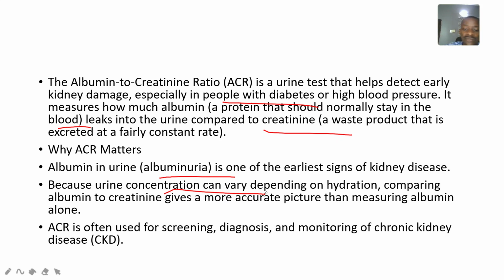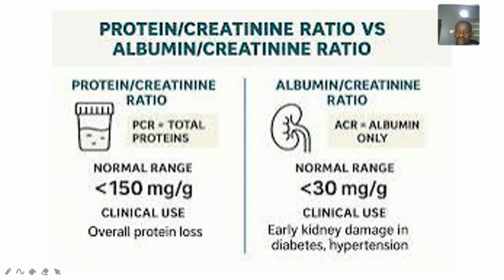So it's used in diagnosing chronic kidney disease, and when you are treating a patient, you're also monitoring how the patient is recovering from the illness. Okay, so for the normal range, of course, you are looking at whether the range is high. Normal range is less than 30.